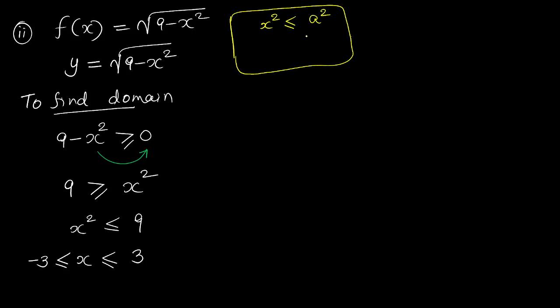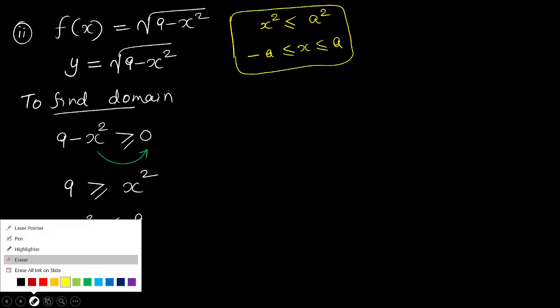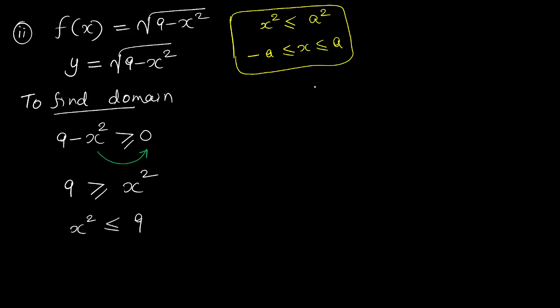Then x lies between minus a and plus a. You please memorize this as a result. If x square is less than or equal to a square, x lies between plus or minus a.